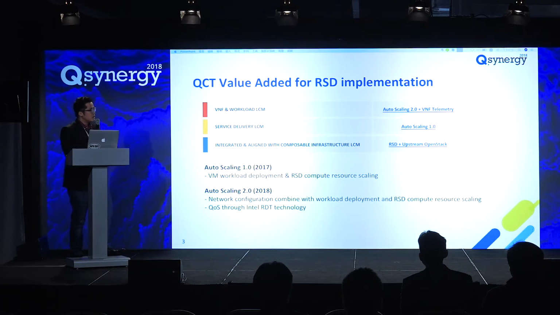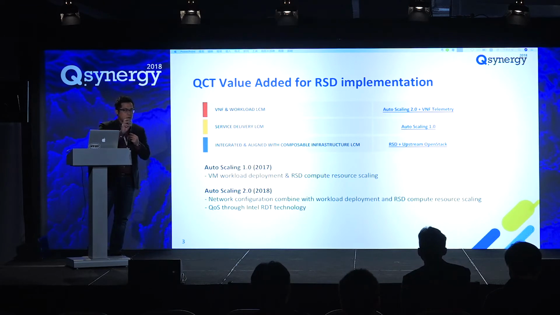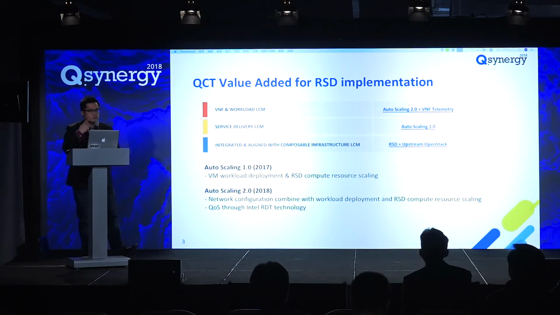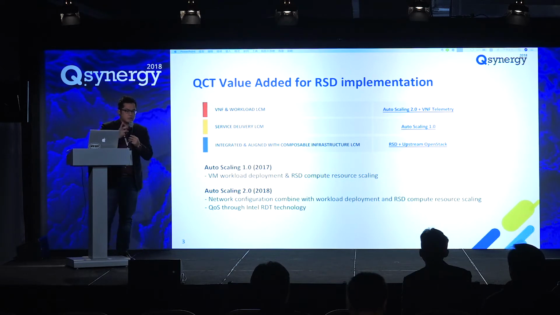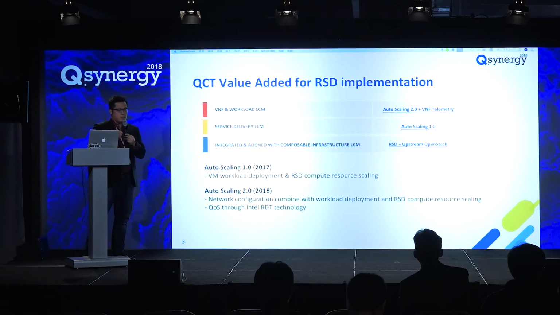At the very first step, we are trying to implement the commercial OpenStack, which is the Red Hat OpenStack, into the RSD. But before doing that, we need to understand how to use the OpenStack to collaborate with the RSD. So that is the first project that we're doing in Autoscaling 1.0.